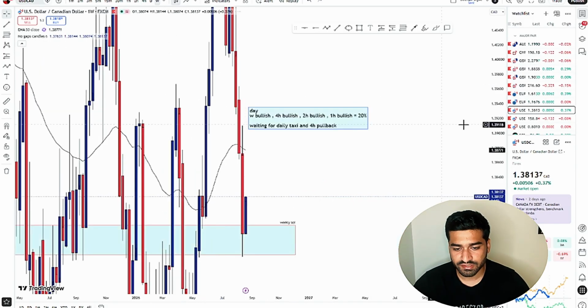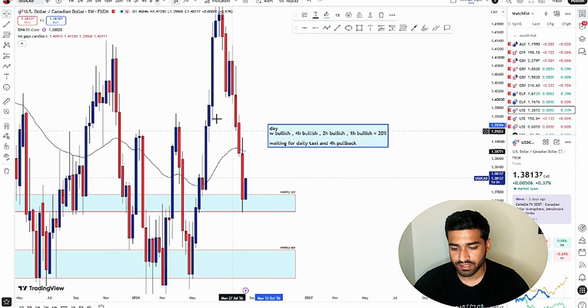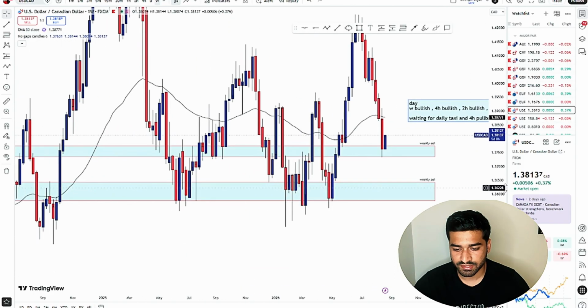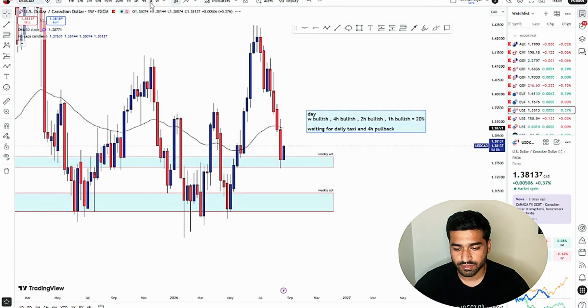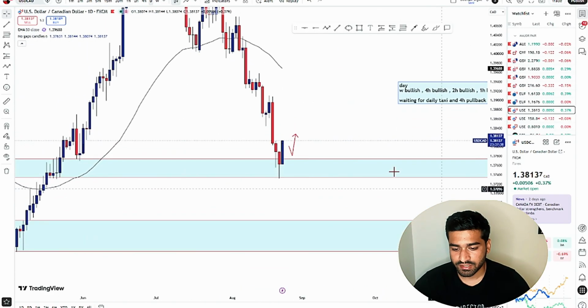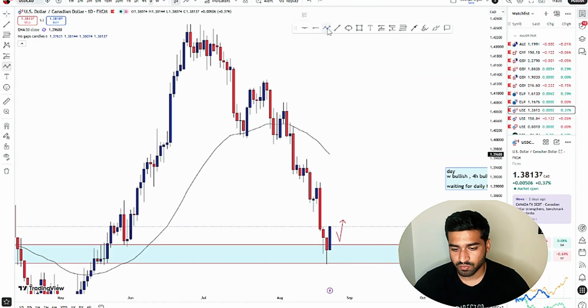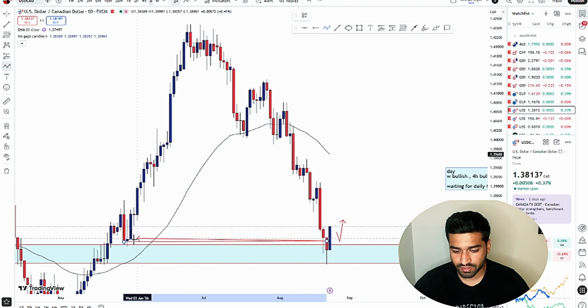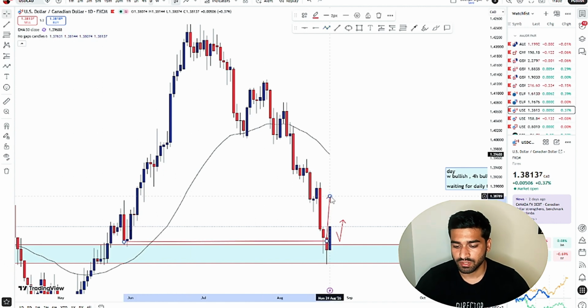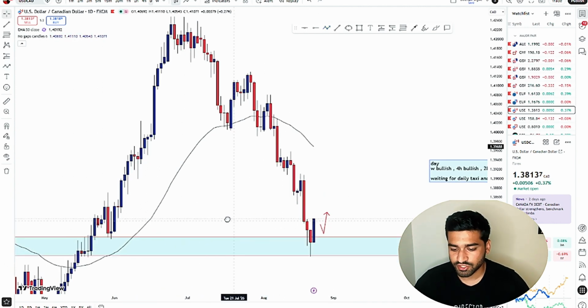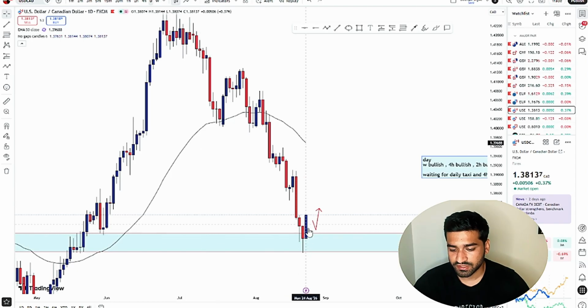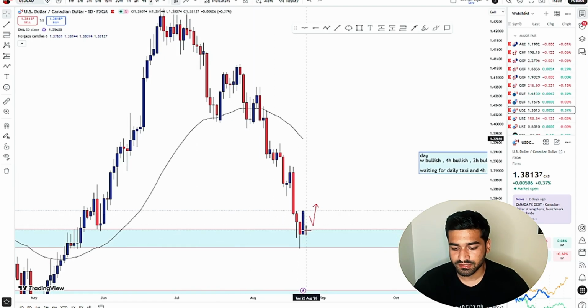The next one is USD CAD. The weekly is currently bullish. You guys can see it. The weekly is bullish. The daily became bearish from this point. So here we become bearish. You guys can see here, we just broke the structure, and I will look for this rejection candlestick.